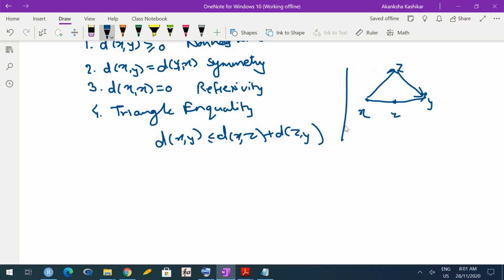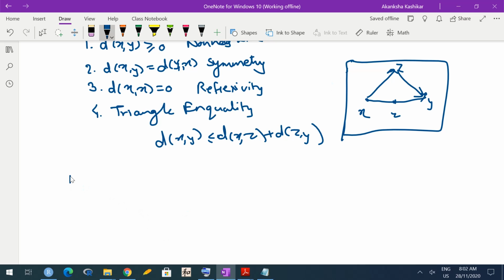And you might have seen why the name triangle inequality, because it is actually based on the fact that the sum of any two sides of a triangle is always greater than the third side. Okay. So we can introduce various distance functions which satisfy these properties and then decide which objects are similar to each other or dissimilar to each other.